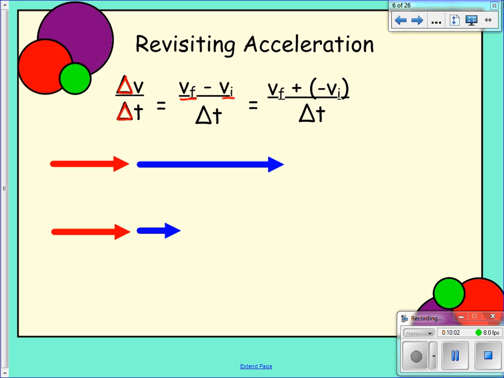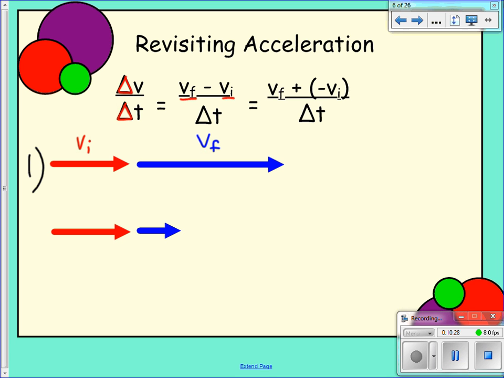Let's take a look at this first example on the very top. So the red arrow, the red velocity vector, is going to stand for my initial velocity. And the blue velocity vector is going to represent my final velocity. So we're looking at just a linear example here. Notice the arrows are pointing in the same direction, so we're not looking at a direction change, but we're looking at a magnitude change, meaning a speeding up or slowing down.